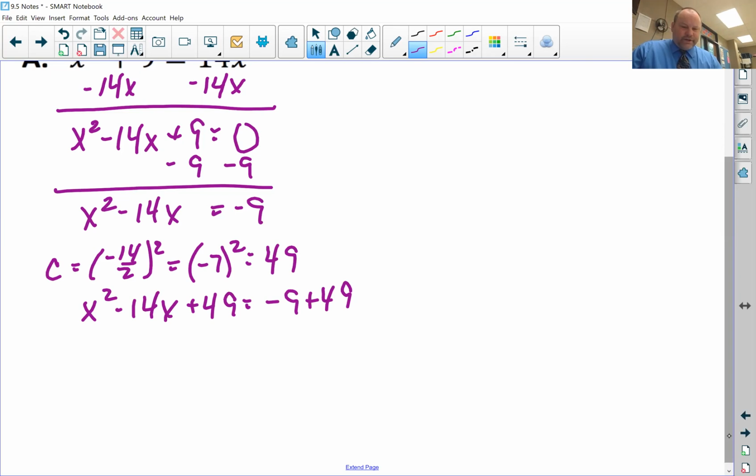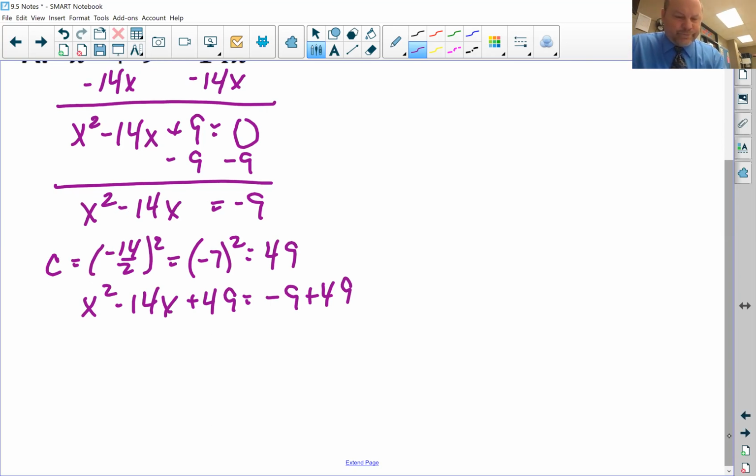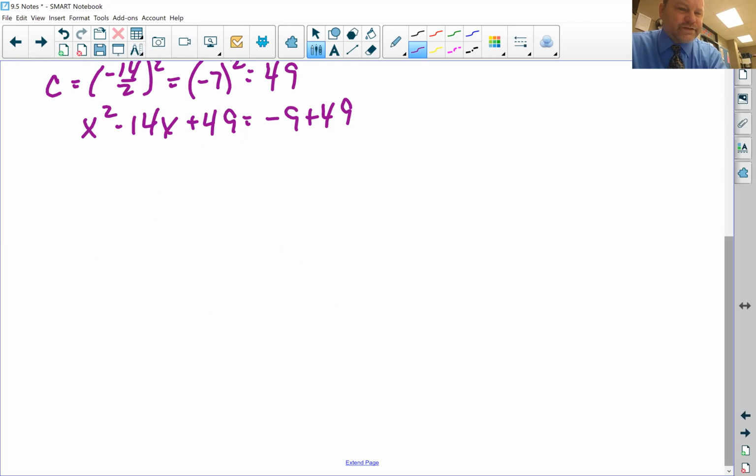So I add 49 to both sides of the equation. I then factor the left-hand side. X minus 7 squared equals 40.